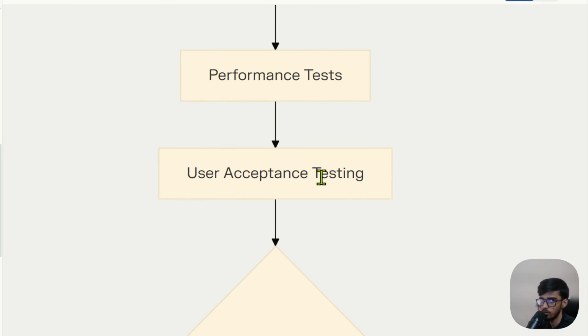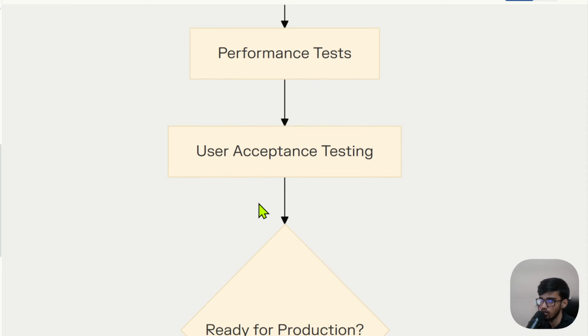User acceptance testing is not always done, but sometimes when there is a client involved in the production deployment, they need to test it before it goes to the users. Suppose you are working for a company, and the company is working for a client, and the client wants to test whether this feature is up to its requirements.